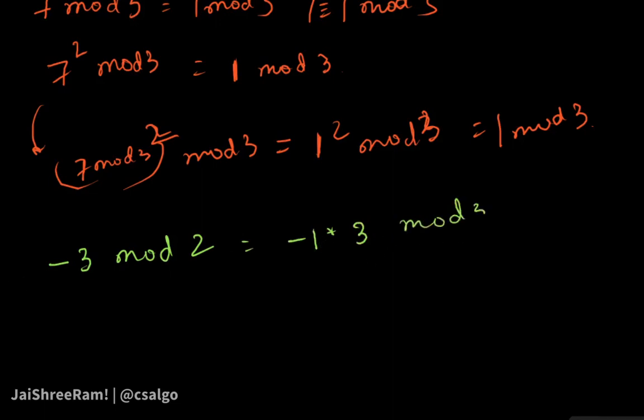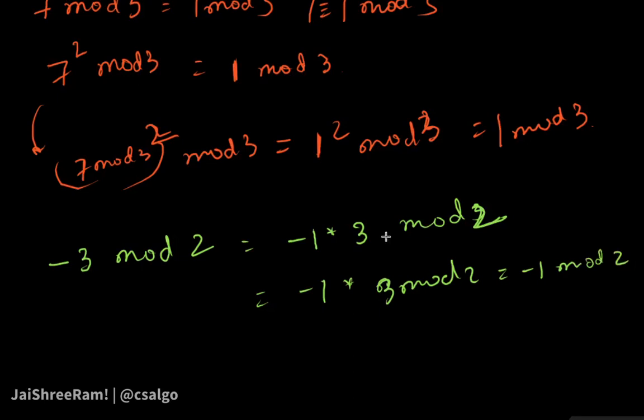Let's keep the minus 1 for now. 3 mod 2 is a positive number, so that's easy to find: that's 1. So this is minus 1 times 1, which is minus 1 mod 2.